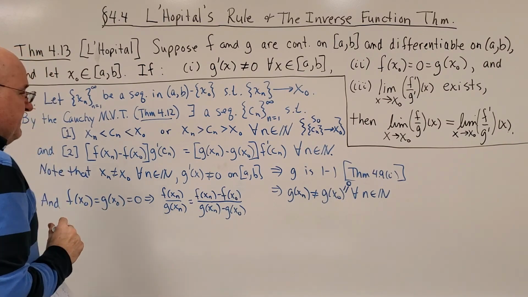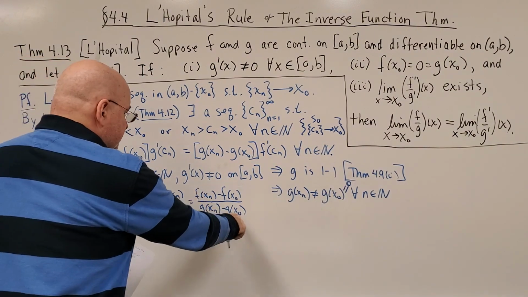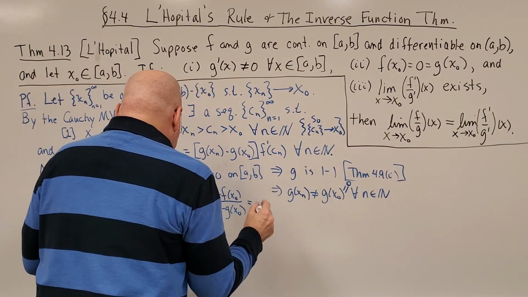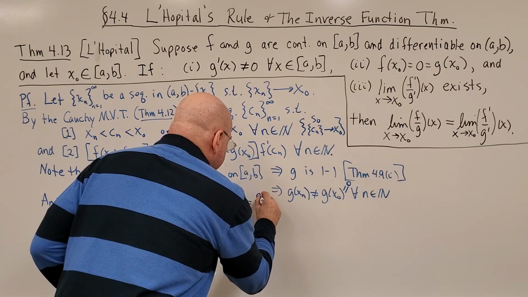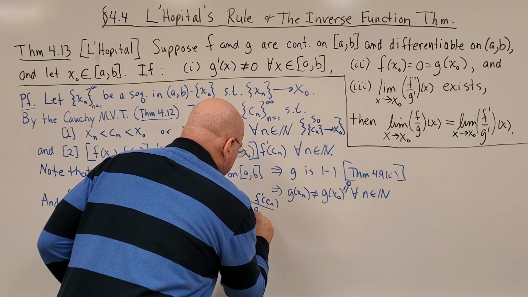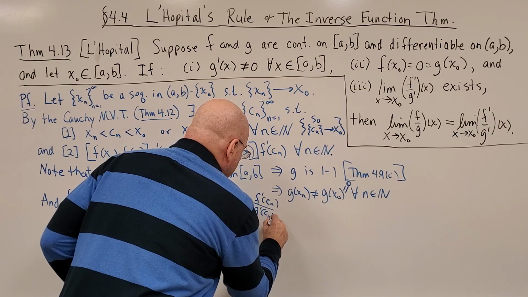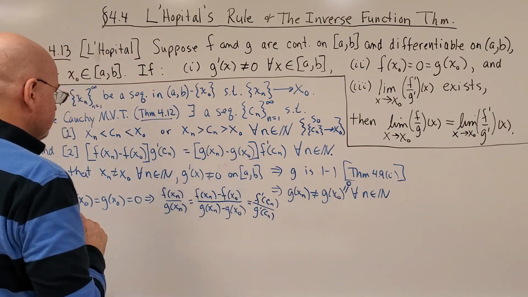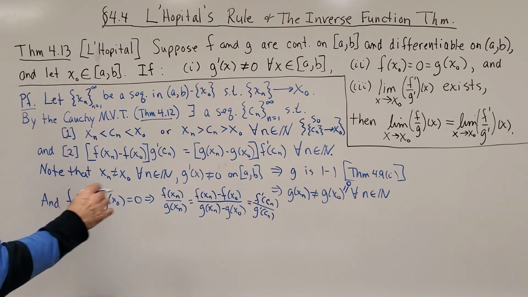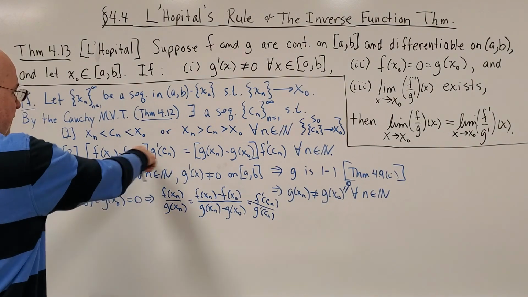But by the Cauchy mean value theorem, this thing, which should look very familiar, is equal to f prime of Cn over g prime of Cn. That's by the Cauchy mean value theorem. And basically, that comes from this formula right here.